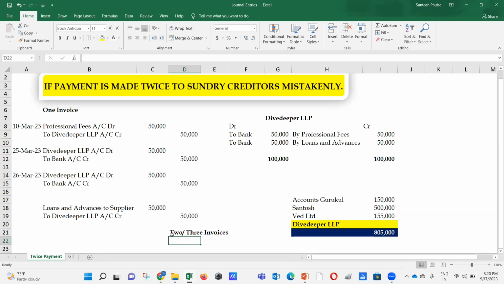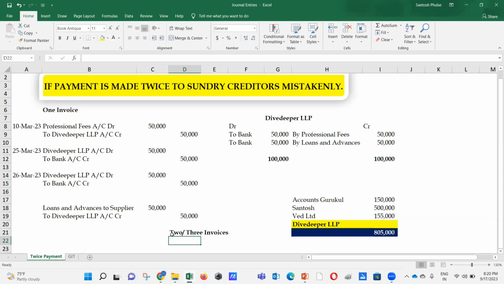That's also an option you have, and you are going to adjust that against DIU for LLP itself. Given that if 1,50,000 is payable to DIU for LLP, out of that you have paid 50,000 twice, then again 50,000 is going to be there as a payable to DIU for LLP. So you can do that as well.